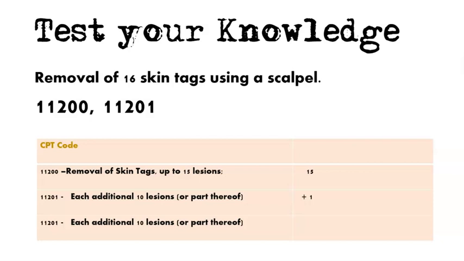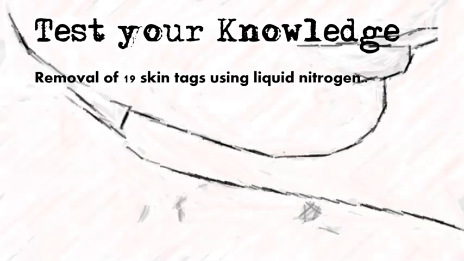For the removal of 16 skin tags, the codes would be 11200 and 11201. How would you code the removal of 19 skin tags where a physician used liquid nitrogen?